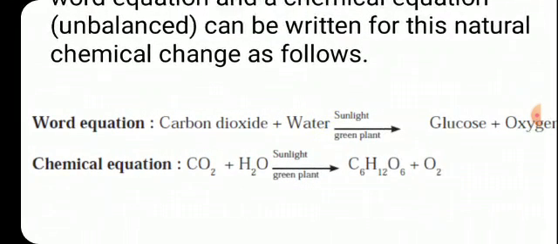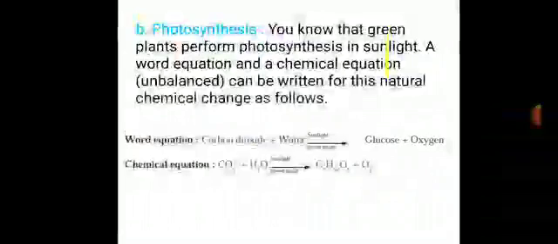Chemical equation: carbon dioxide has chemical formula CO2, water has molecular formula H2O, glucose has formula C6H12O6, and oxygen has formula O2. CO2 plus H2O gives C6H12O6 plus O2.